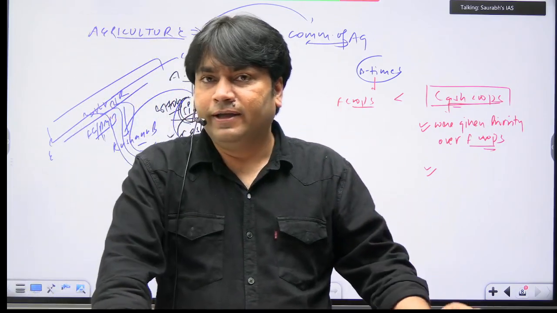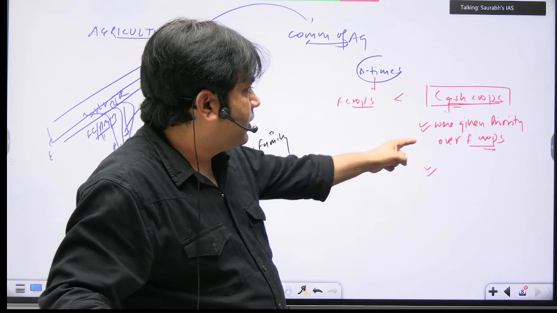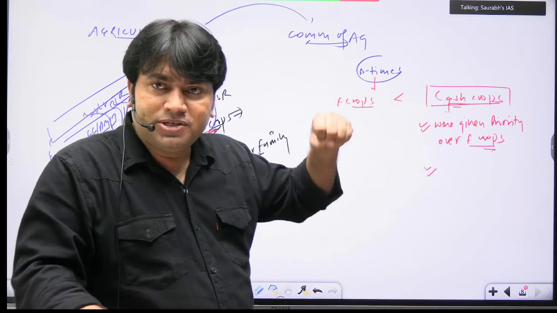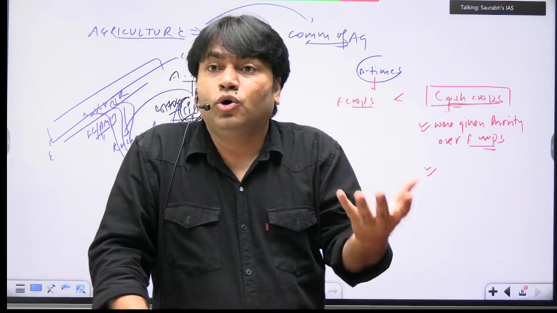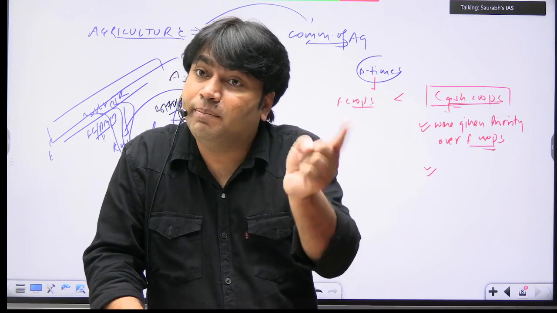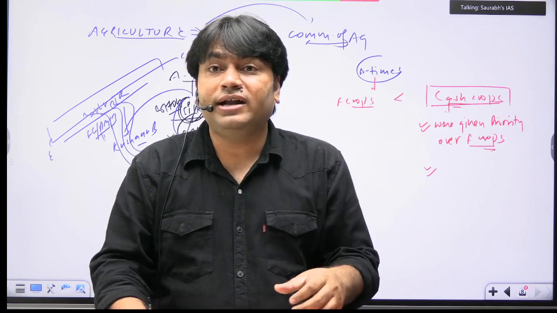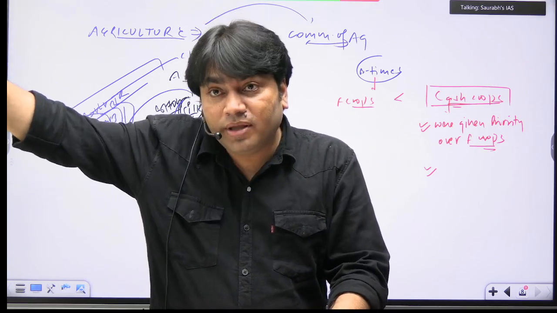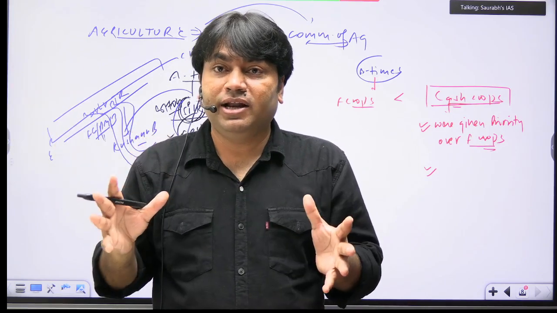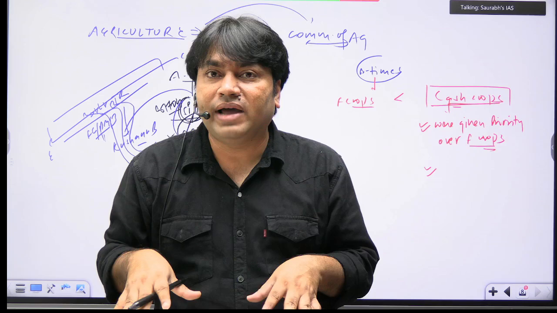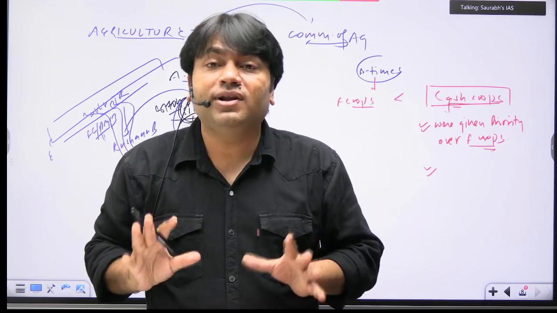And the second point. Which cash crops do Indians have to grow? The company is deciding, looking at its demand in the European market. The company is an intermediary, so who will get maximum benefit? The company will get maximum benefit.